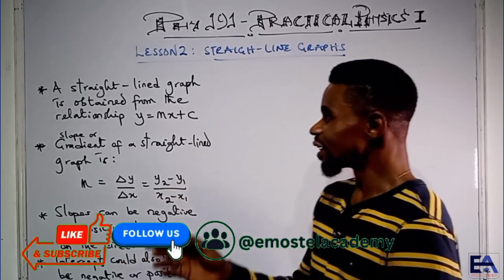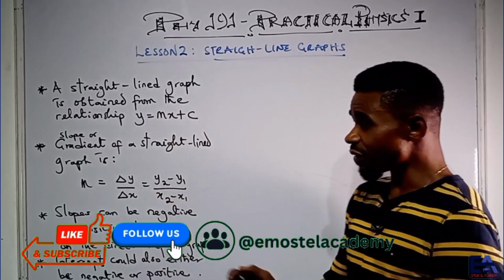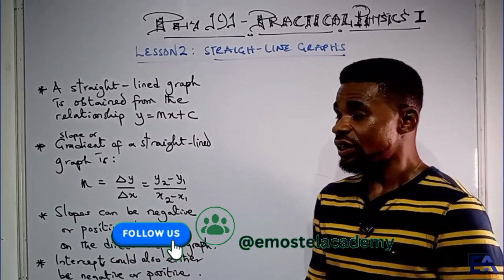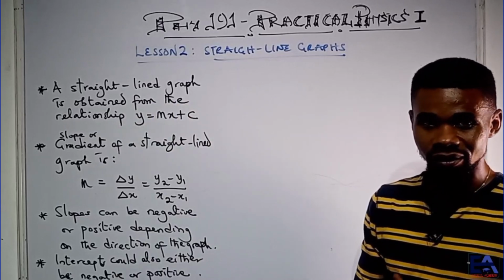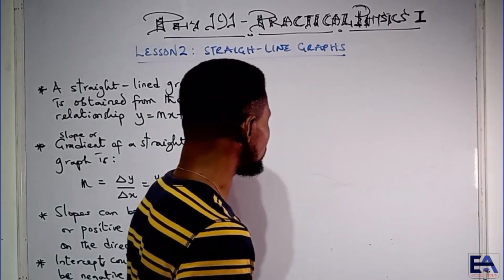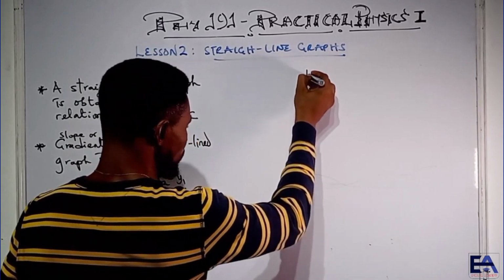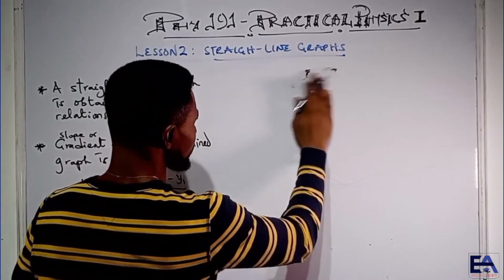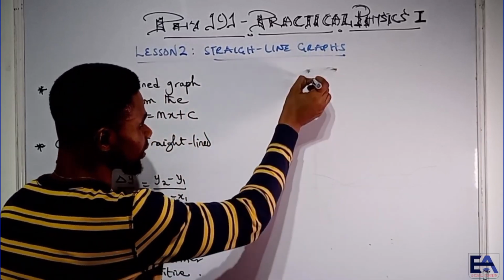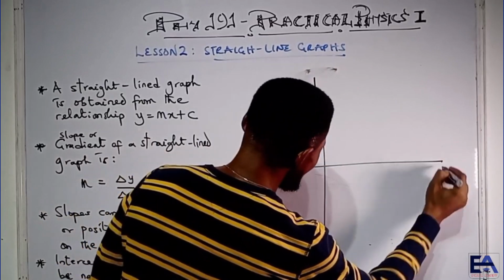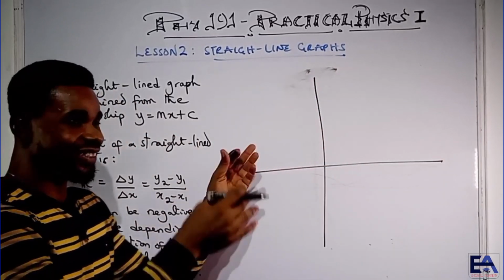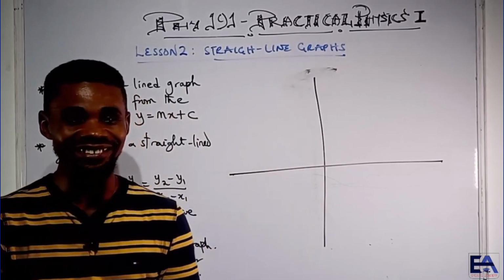Now, the very first thing here says a straight line graph is formed from this equation, y equals mx plus c. Don't be surprised. Let's quickly check why it is like that. Let's assume in our mind that these lines are straight.